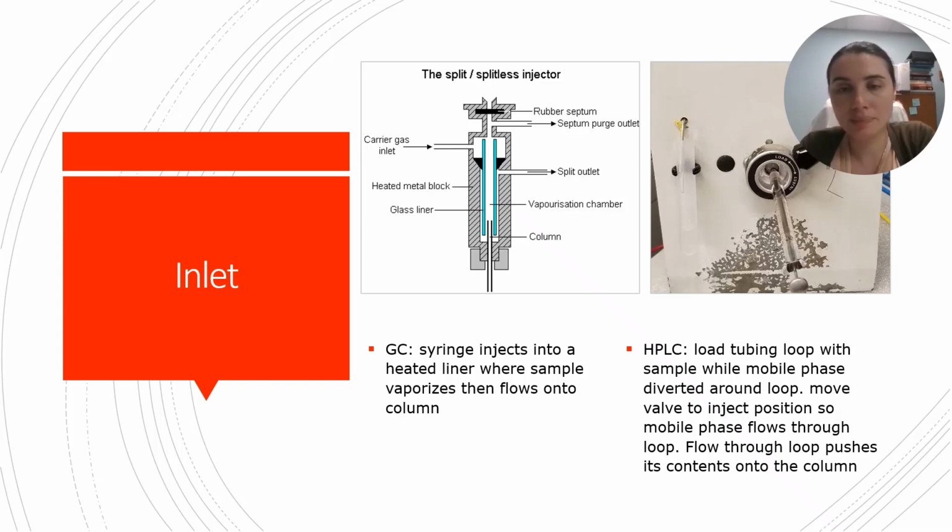Whereas for the LC, and I know in more modern LC-MS systems the injector is hidden in the autosampler, but this is a picture from an older HPLC, your tubing loop is loaded with sample while the mobile phase is diverted around that loop. And then you have to move the valve to the inject position, or it happens automatically in an autosampler, so that your mobile phase flows through the loop. This flow through the loop pushes the sample onto the column.